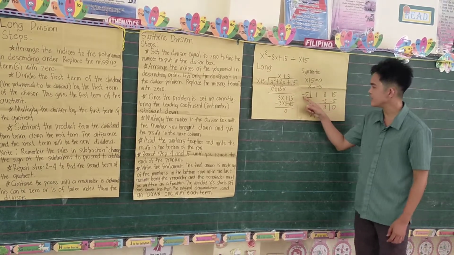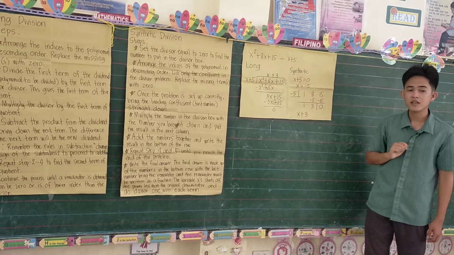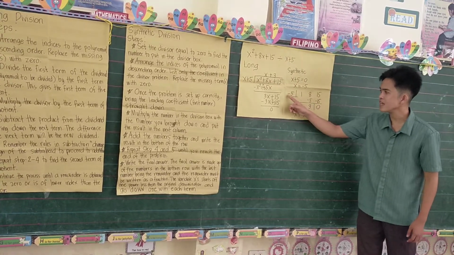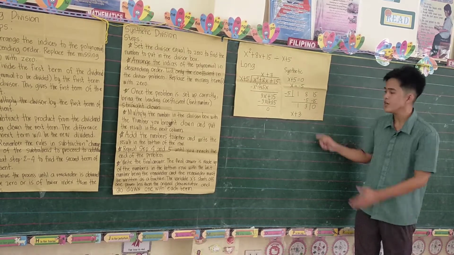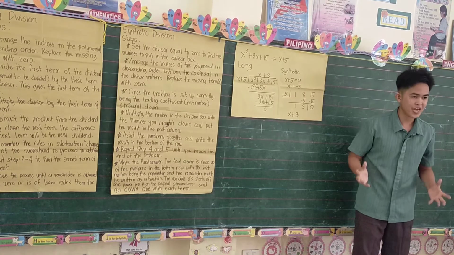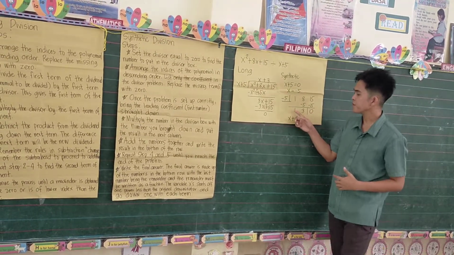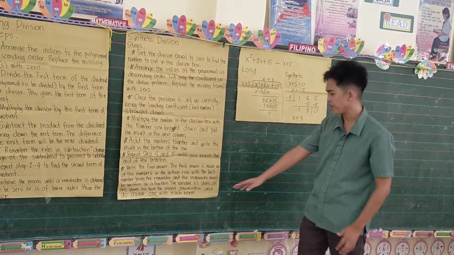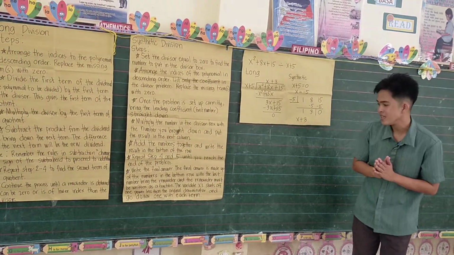So 1 times negative 5 is negative 5. 8 plus negative 5 is 3. So 3 times negative 5 is negative 15, and the sum is 0. The last number is your remainder. To get the final answer, you start with x of one power less than the original.